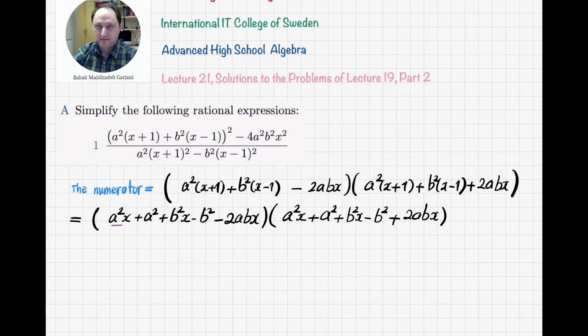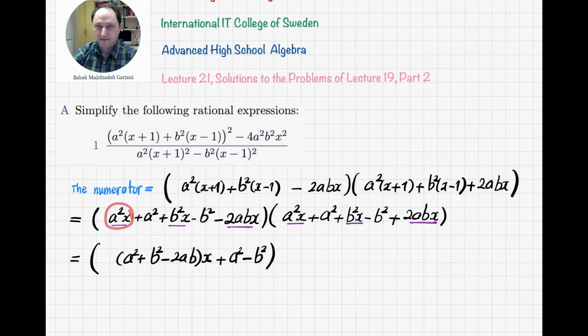Now between this term and this term and this term I can factor an x out. The same is here, this one and this one and this one. So then it becomes equal to a squared plus b squared minus 2ab multiplied by x, and I am left with a squared minus b squared. Let me explain it again.